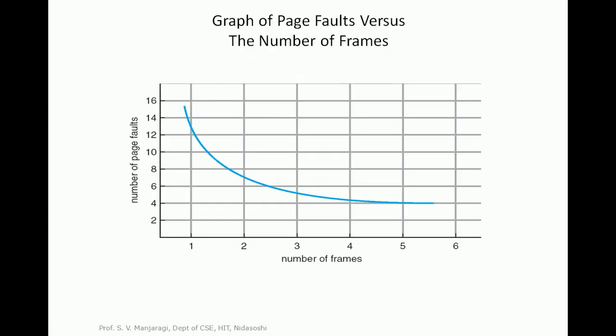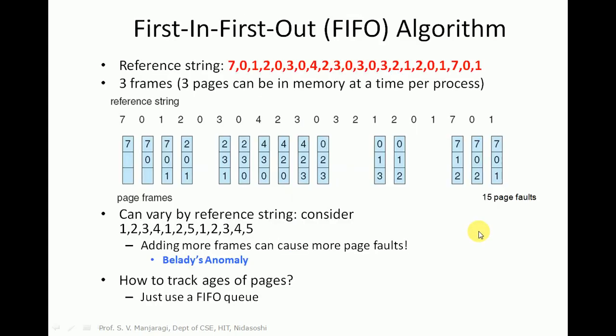But as per this particular graph, if you increase the number of frames, the number of page faults must be decreasing. But in case of the first in first out algorithm, if you bring more pages, the number of page faults are increasing instead of decreasing.